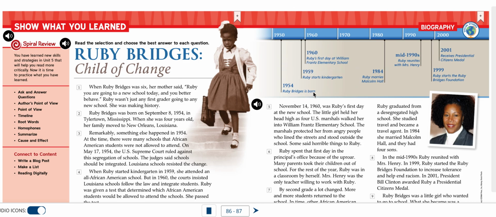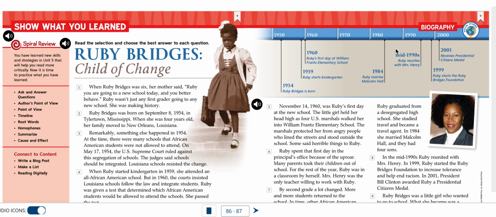So Ruby Bridges is born, you see the year there, 1954, when she's in kindergarten, elementary school, when she gets married, when she reunites with Mrs. Henry, we'll read about that, and then when she starts her foundation, which means like a group that helps people, okay, and then when she received a Presidential Citizens Medal, which is a really high honor to receive.